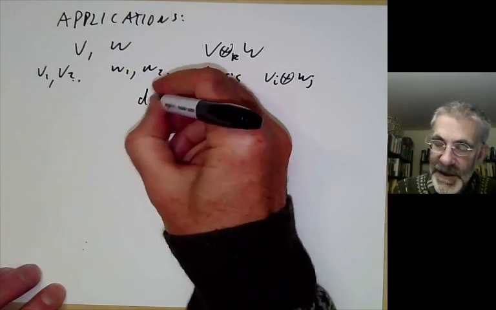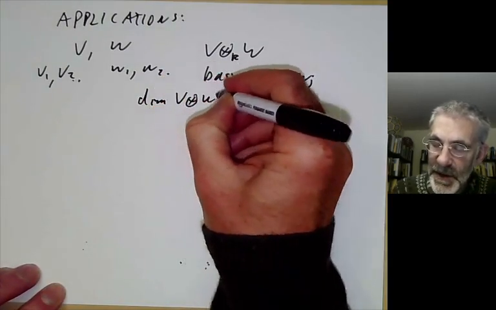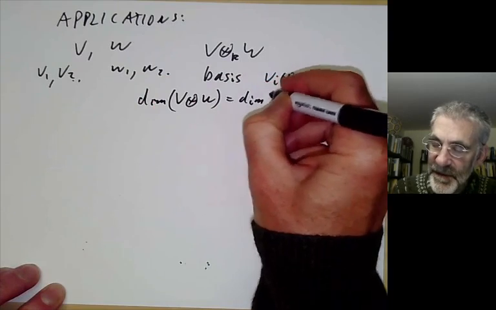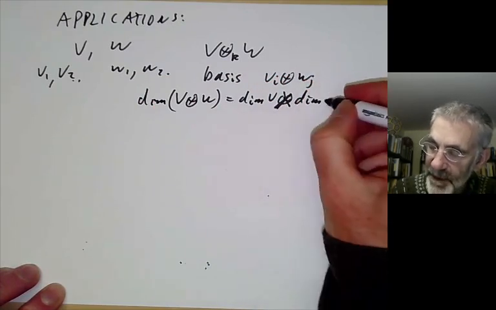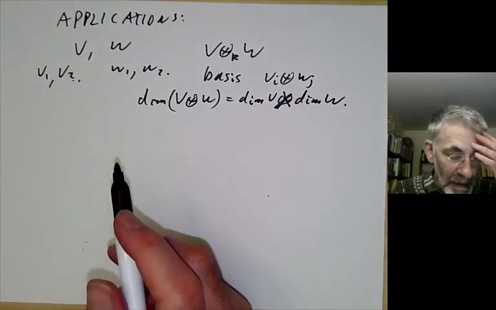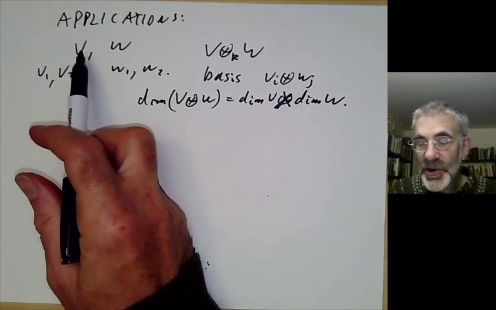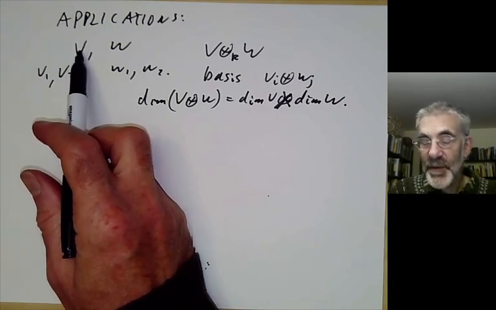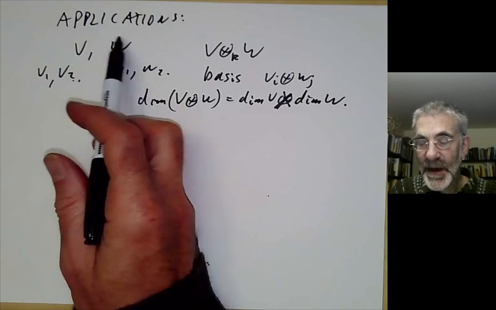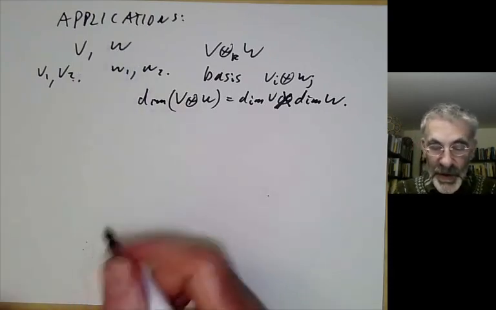So in particular we see the dimension of V tensor W is just the dimension of V times the dimension of W. Now in differential geometry you often use this where V is the tangent or possibly cotangent space to a point, and W is the dual space.